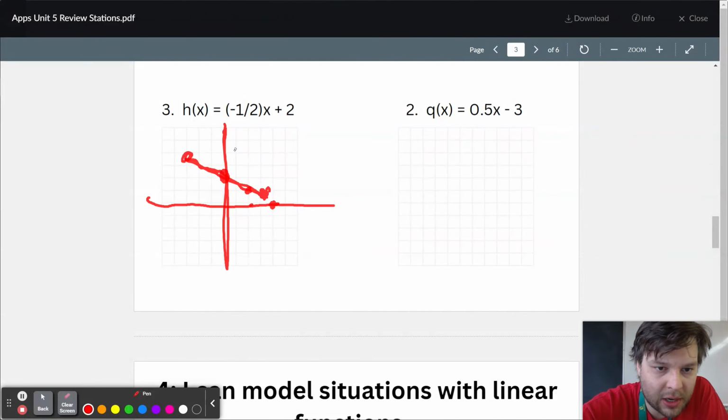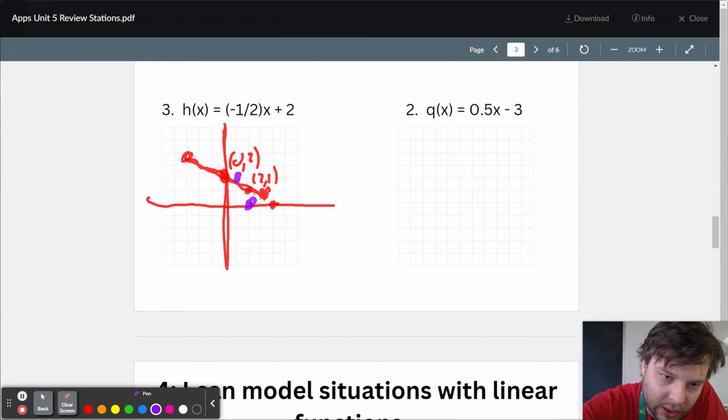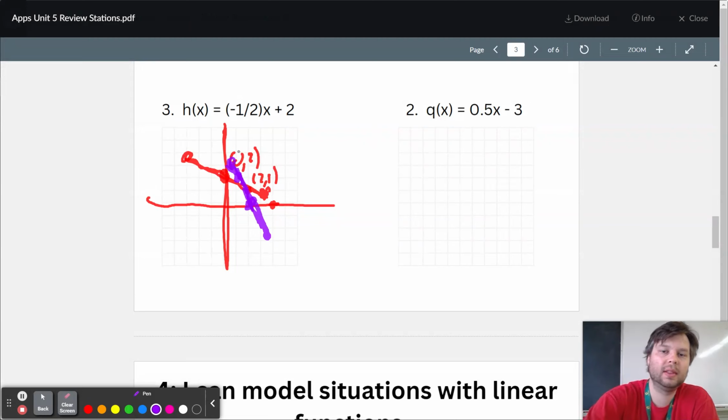I just need to grab a couple points. 0, comma 2, 2, comma 1. Flip those around. 2, comma 0, 1, comma 2. Now we're going down 2. So I want to go down 2 and another one. I don't want to go past 3 and negative 3. So I think that looks good.